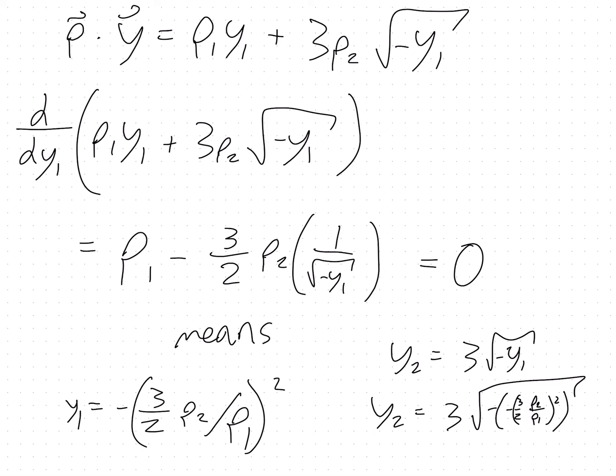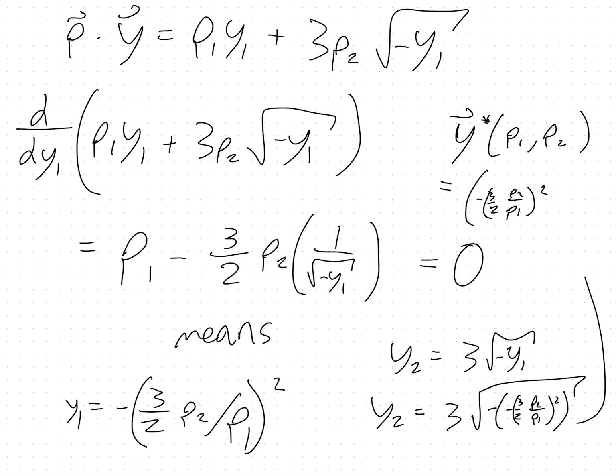And that's how you solve for y2. So then you would take whatever you've gotten there, and that would be y star of p1, p2, those two functions. Something like negative 3 over 2, p2 over p1 squared, and then whatever this piece is. I'm going to spare you guys the details of me struggling through computation, but that's the idea.